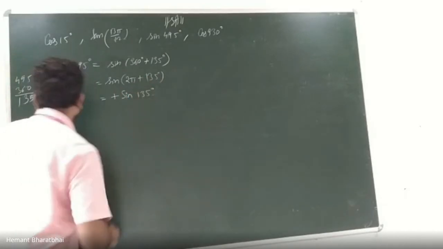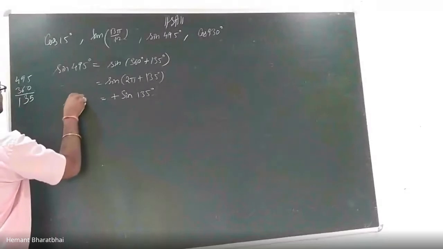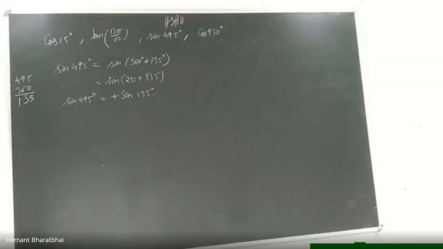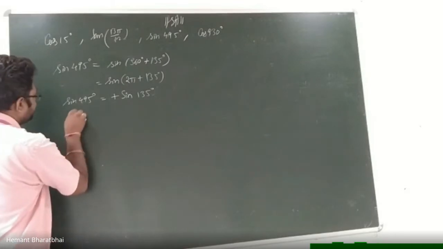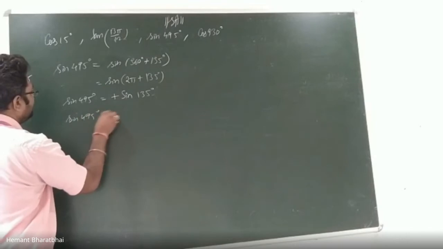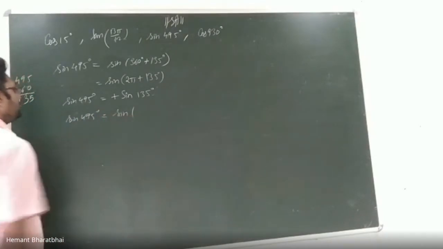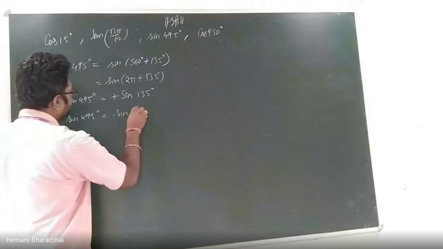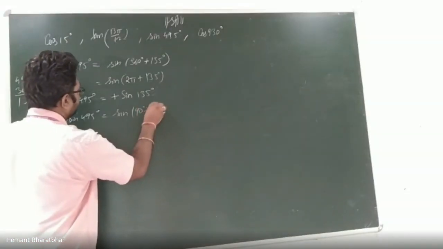So I write sine of 135. So sine of 495 is equal to sine of 135. Further, I don't know the value of sine 135, so I can write 135 as 90 degree plus 45 degree, in the known values.